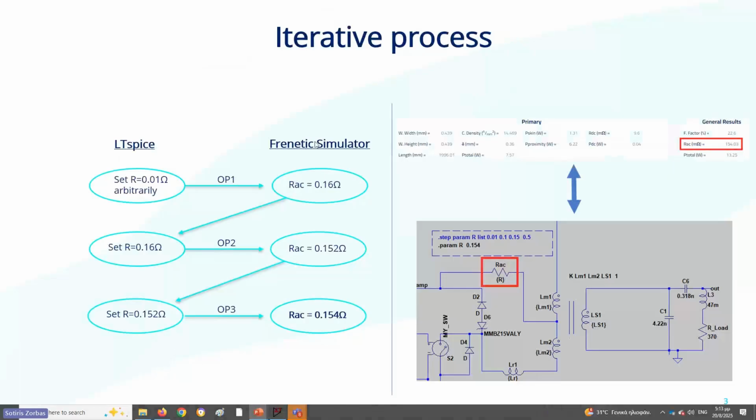Going back and forth between LTspice and the Frenetic simulator, we get the RAC, go back to LTspice, run the simulation again, and produce new waveforms for the currents and voltages of the transformer, then go to the simulator. This takes about 5 minutes. That was a big part of this exercise: how can you predict where to begin, and is it iterating to a stable solution or not?